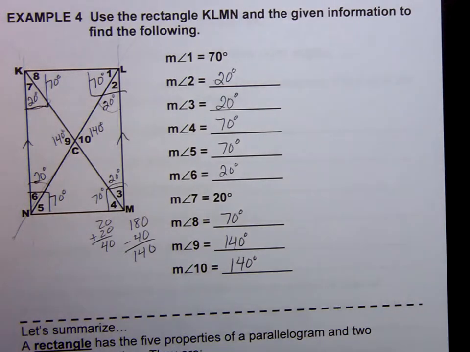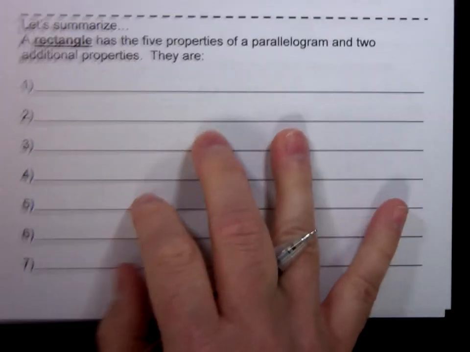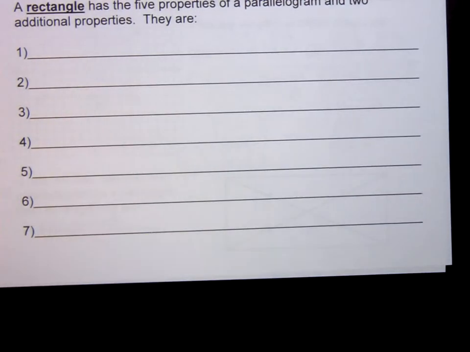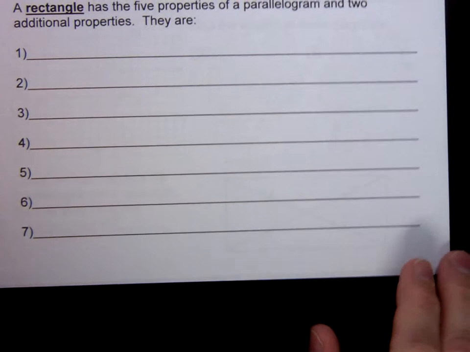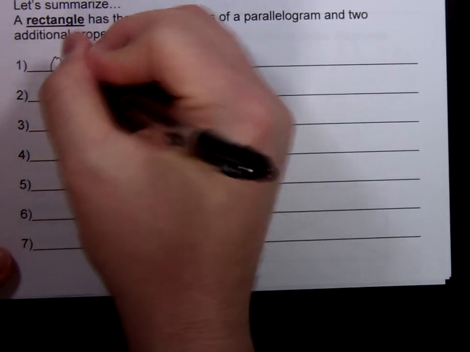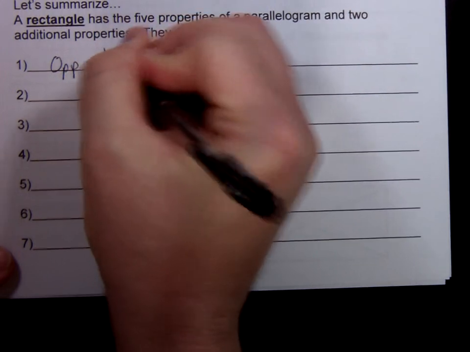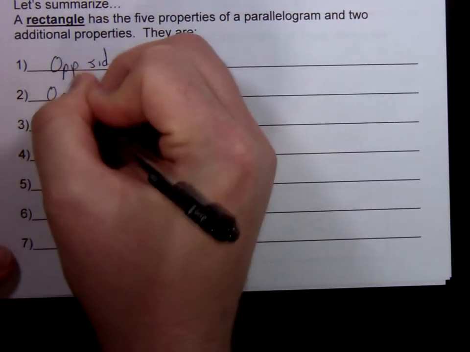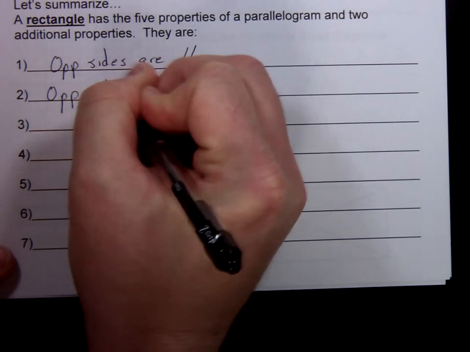Alright, so let's recap or summarize the things that we learned. A rectangle has 5 properties of a parallelogram and 2 additional properties that are unique to the rectangle. So, the 5 things that we know about all parallelograms: the opposite sides are parallel. Opposite sides are congruent.